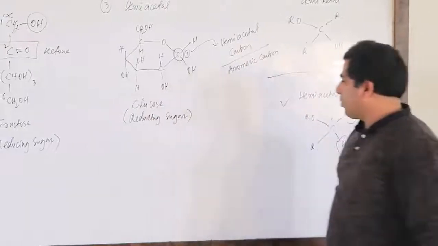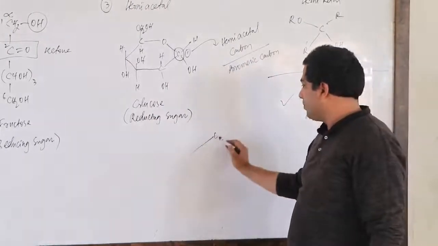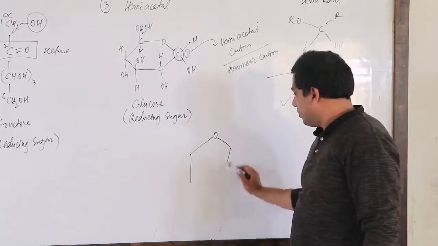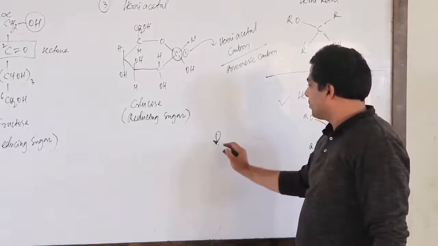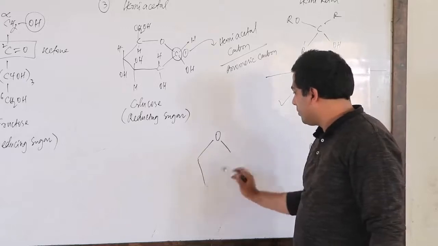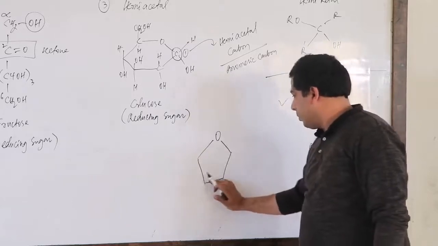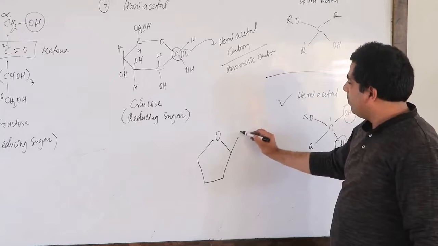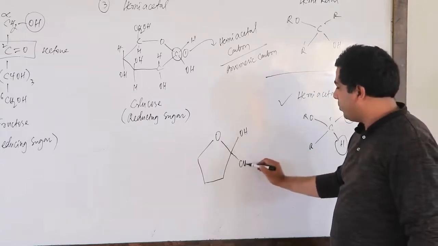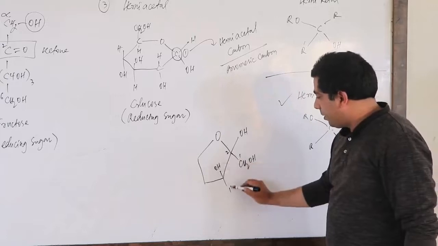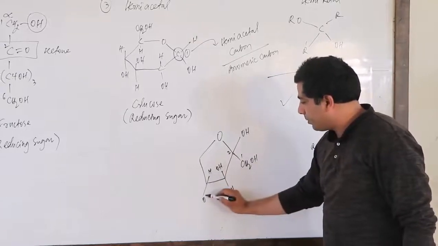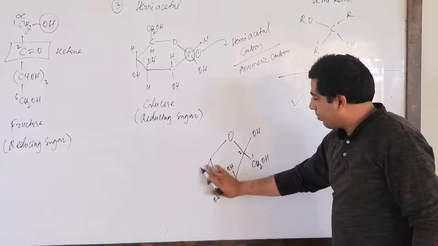Okay. Let me draw the structure of the fructose molecule. So let us draw it in this way. Cool. So here we can have OH and here we can have CH2OH. That's the first carbon, second carbon, third. Then you have fourth. Fifth carbon you have here.